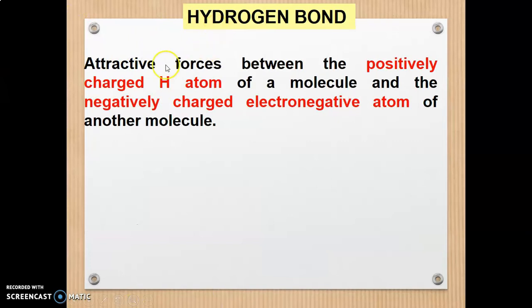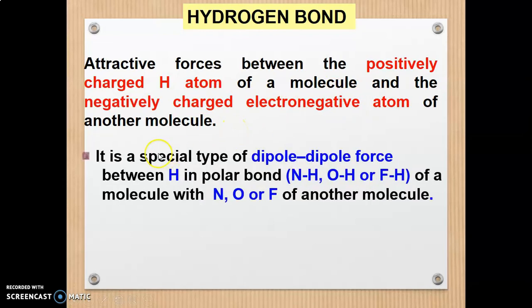Hydrogen bond. It is an attractive force between the positively charged hydrogen atom of a molecule and the negatively charged electronegative atom of another molecule. It is a special type of dipole-dipole force between hydrogen in a polar bond N-H, O-H, or F-H of a molecule with N, O or F of another molecule.